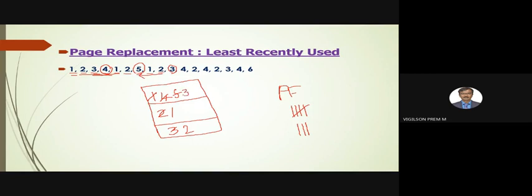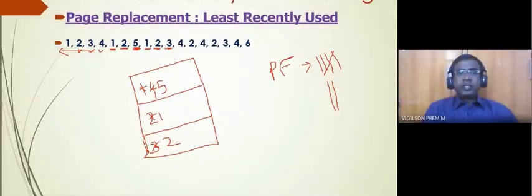If it is first come first serve, it will replace 1. Correct? If we follow first come first serve, we will replace 1. But as we are following least recently used, now I am replacing 5 with the 3 in this place. Among 5, 1, 2, which is the oldest in this reference we have to see.